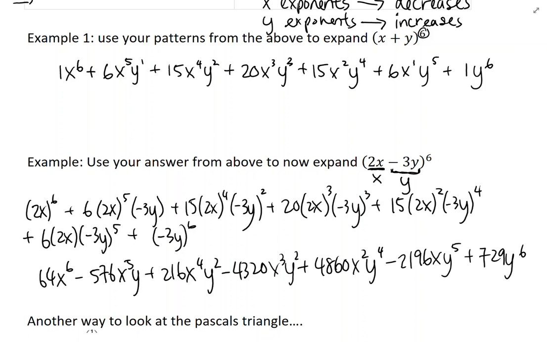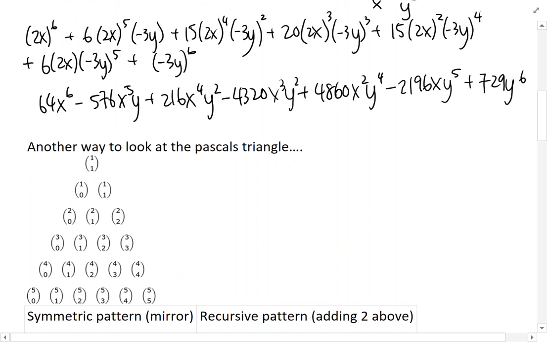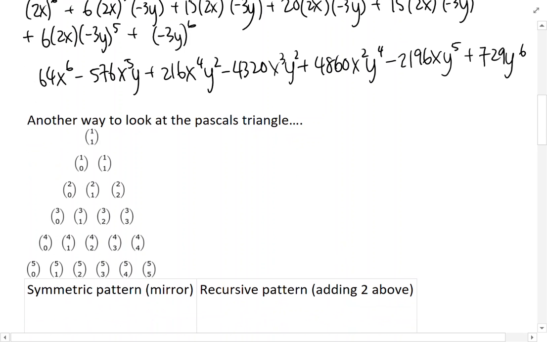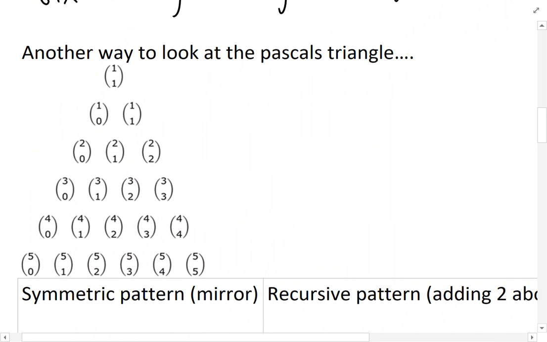So that leads us to, let's look at Pascal's triangle in another way. So remember from the last section, we looked at combinations, and that's what these brackets mean, right? So basically this one here is just 1C1. That's just another way of writing it out.